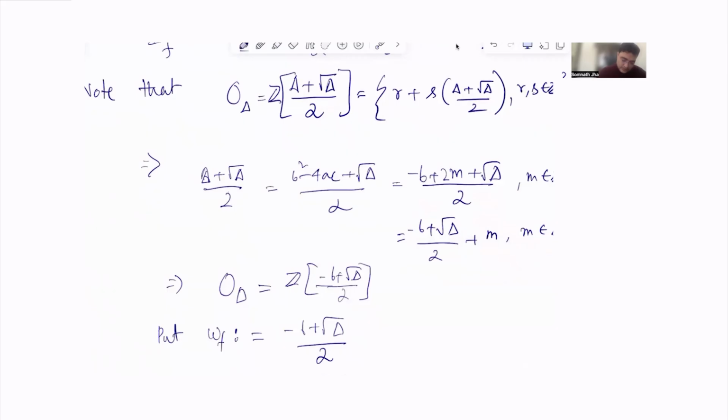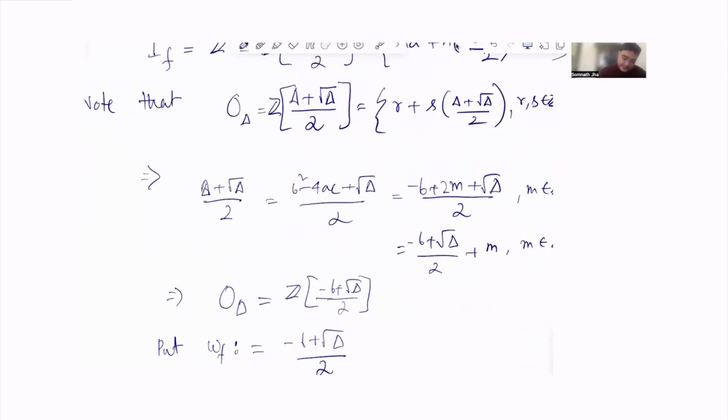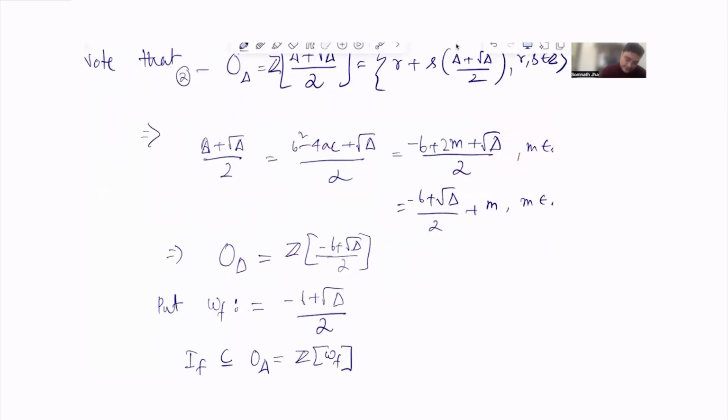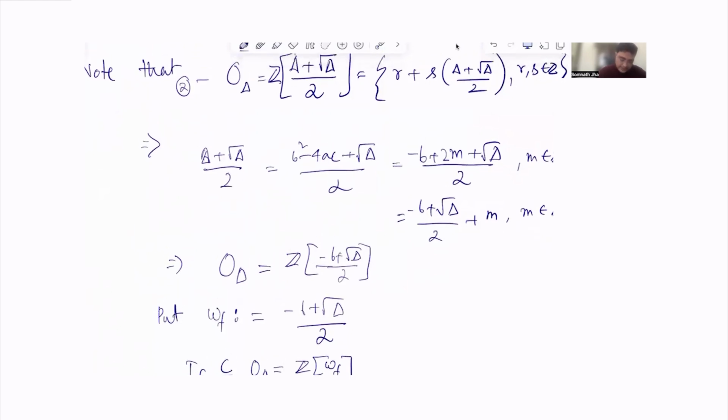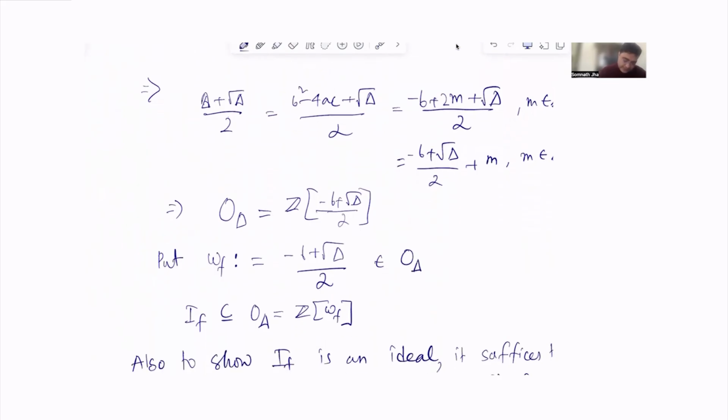So O delta, which was Z delta plus root delta by 2, this set, if I call this equation number 2, then this set is the same as this set, minus b plus root delta by 2. So in particular, if I define for f, omega f is minus b plus root delta by 2, then omega f belongs to the ring of integers, right?